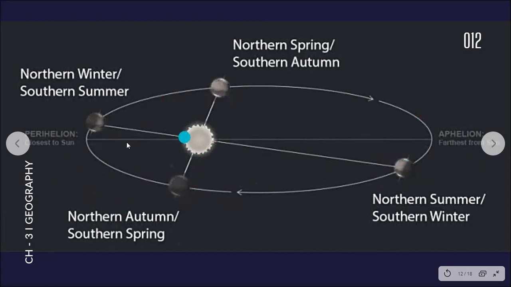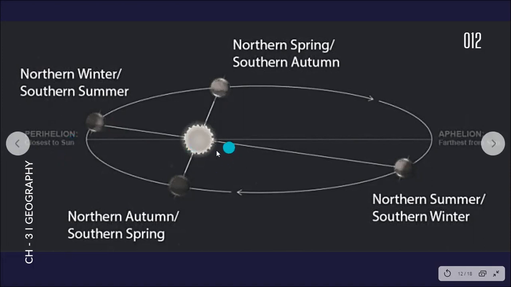Now, when the Earth is closest to the Sun, I'll repeat, when the Earth is closest to the Sun, that is known as perihelion.